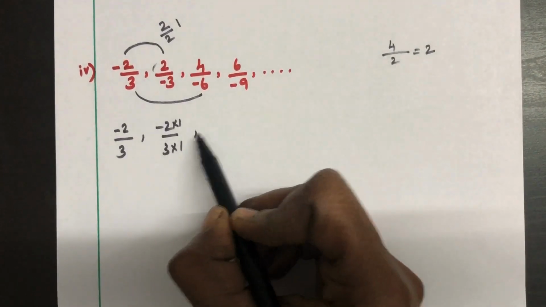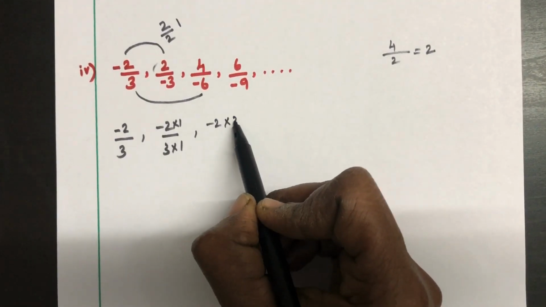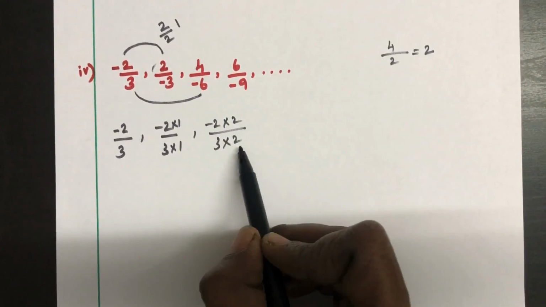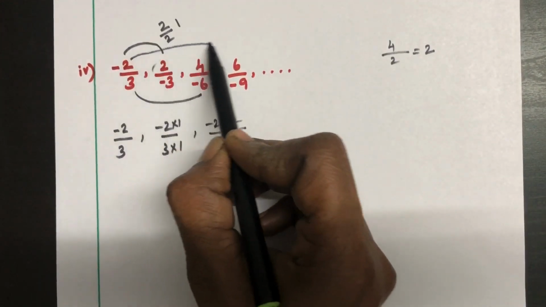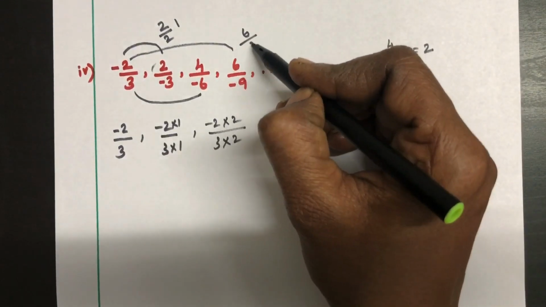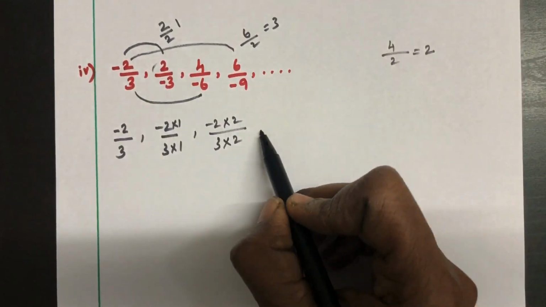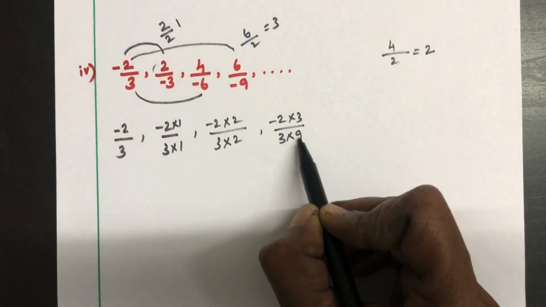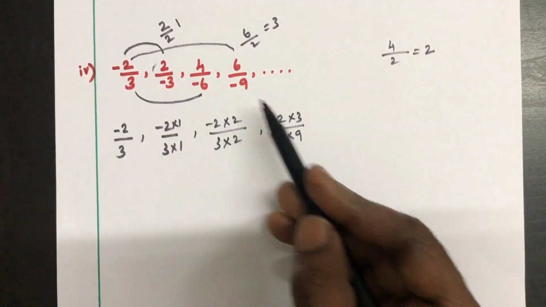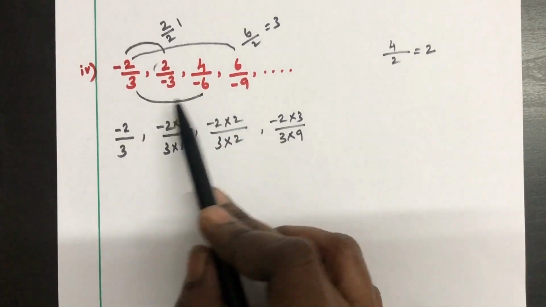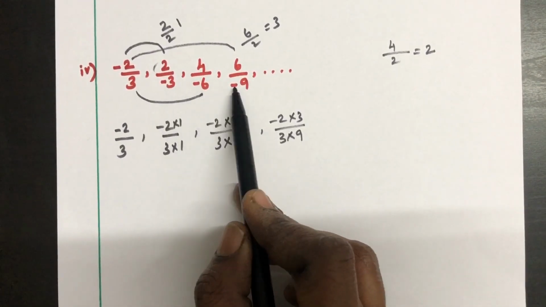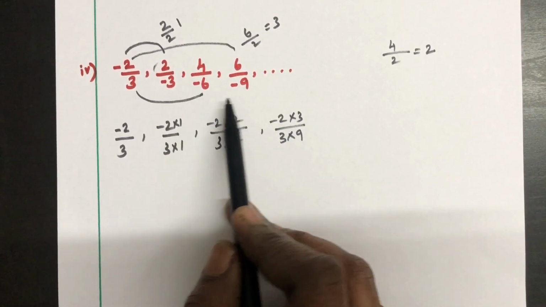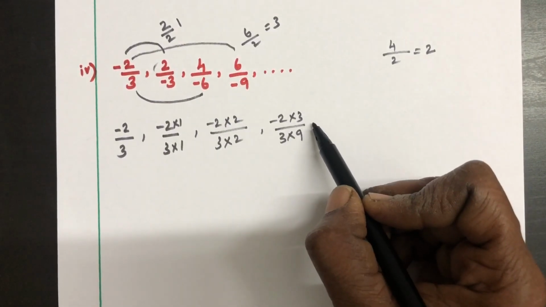So they used 2 here, into 2, so 4 by 6. Between these two, 6 by 2 is equal to 3. They have used 3 here, into 3. 3 3s are 9, so minus 6 by 9 or 6 by minus 9. No need to give concentration on this. If you have a pattern like this, just after giving your rational numbers, have the negative in the denominator. That's all.